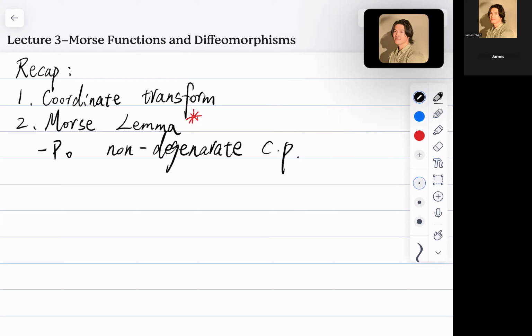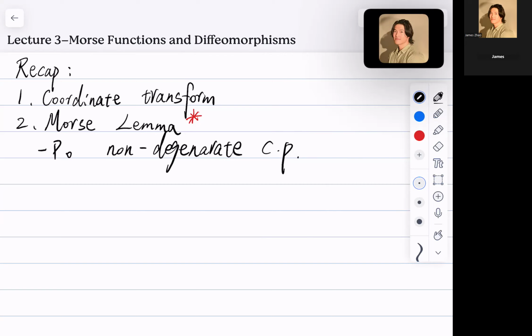But just so you know, the correct terminology is non-degenerate. It's just a habit, and I don't think it's a big deal. If you feel annoyed, let me know. I will try to make sure I don't say that word next time. I'll be like, bad James, shouldn't say that word.